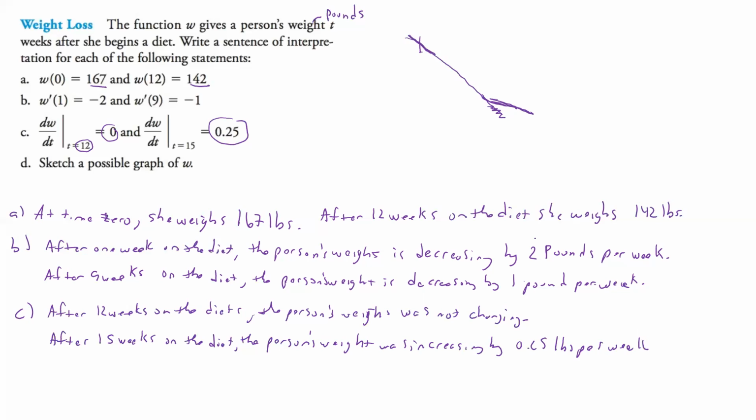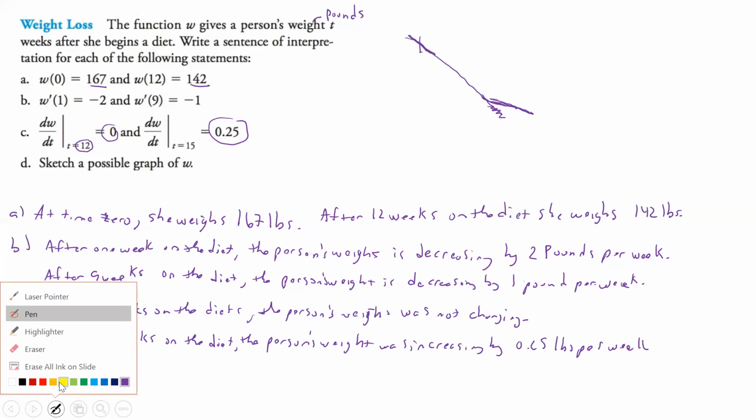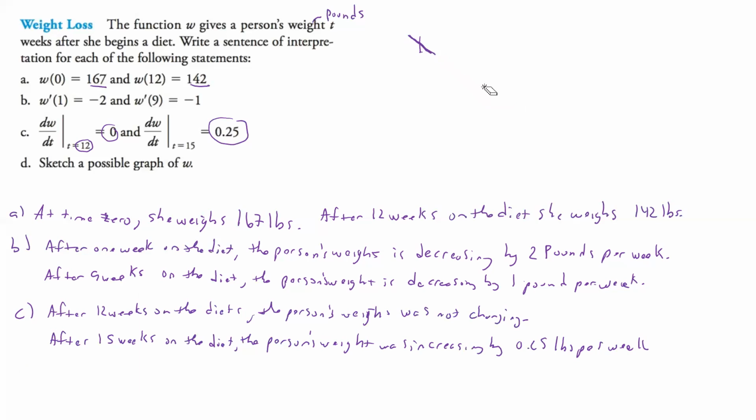Okay, and now it says sketch a graph. So we better erase what we have up here and sketch a better graph. That was to help us understand what was going on. This isn't going to be perfect, of course.